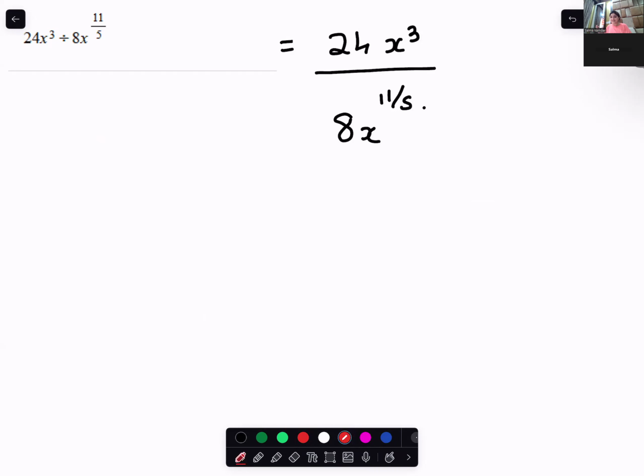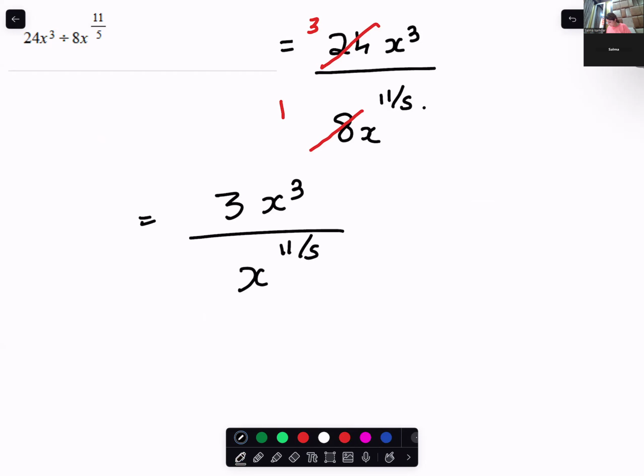Deal with the constants separately and deal with the variables separately. So 8 ones are 8 and 8 threes are 24. So it becomes 3x cubed over x raised to 11 by 5.